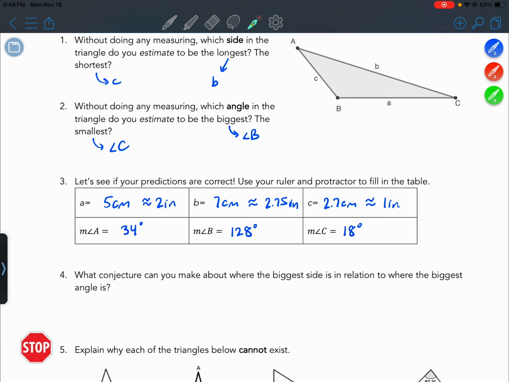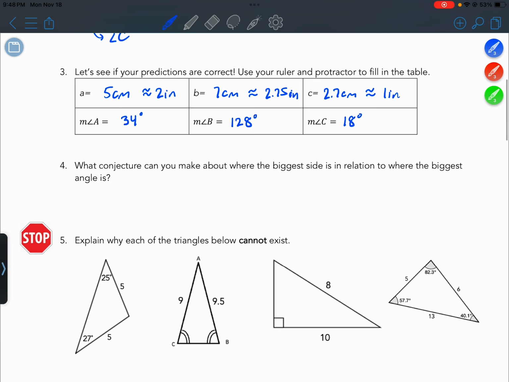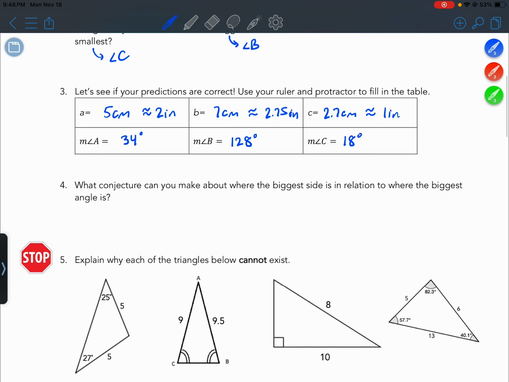So in general, we can make the following statement: the biggest side happens to be across from the biggest angle.